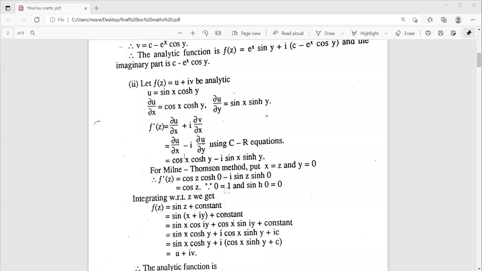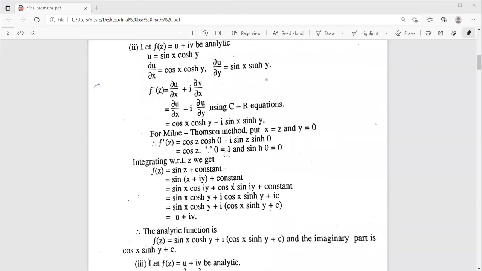So it is equal to, substituting the value of delta u by delta x, cos x cos hyperbolic y, minus i delta u by delta y, which is sin x sin hyperbolic y. Next, use the Milne-Thomson method. Put x equals z, y equals 0. You will get cos z cos hyperbolic 0 minus i into sin z sin hyperbolic 0.